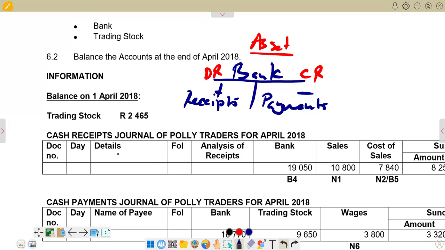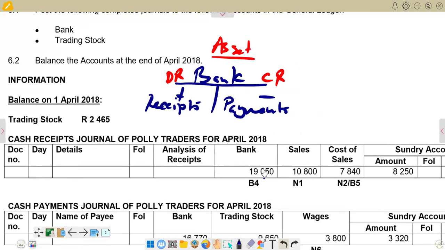So you see that under cash receipts journal, we have got an amount of 19,050. We are concerned about this total figure of 19,050. We are not concerned about the 10,800 and the cost of sales. And also we have got the amount of sundry that is here. So what it means is this 19,050 consists of sales 10,800 and sundry, and the cost of sales 7,840 is there to make the total.